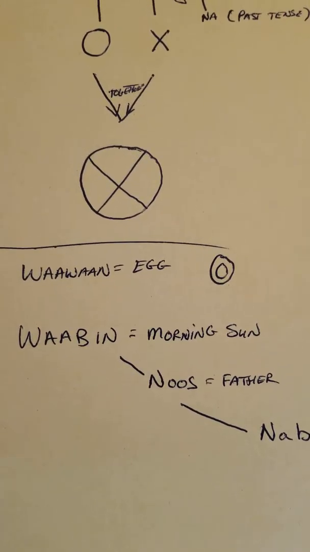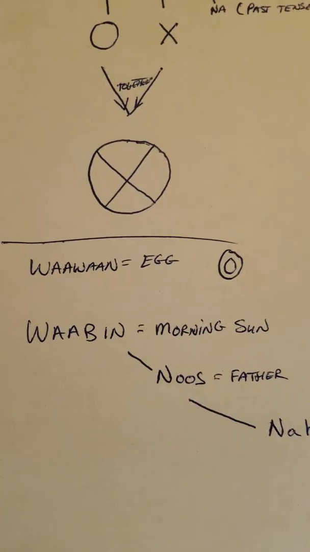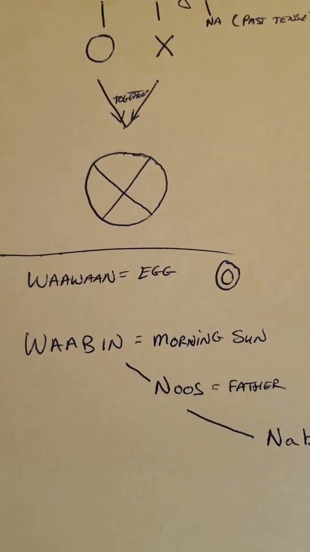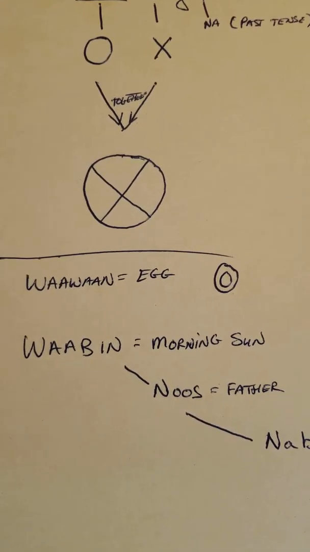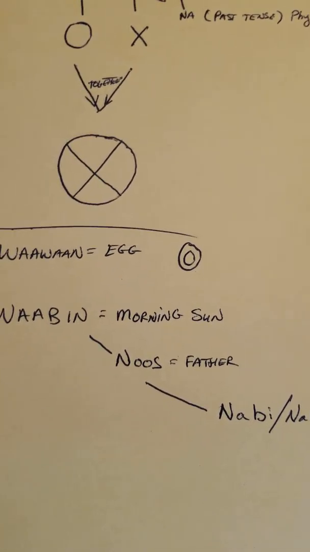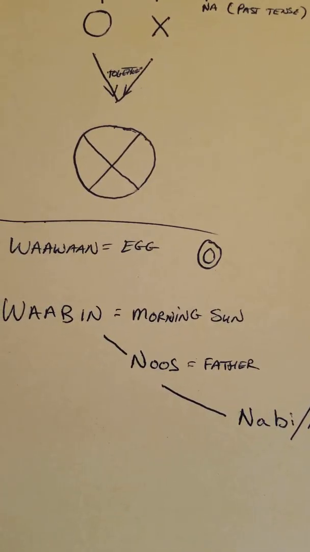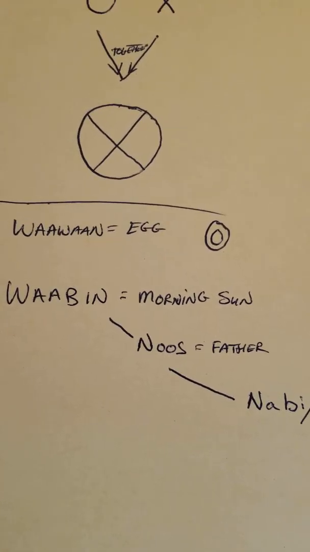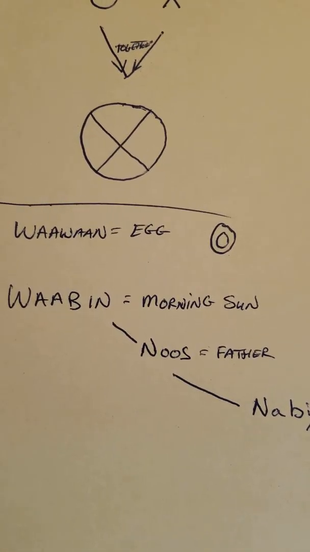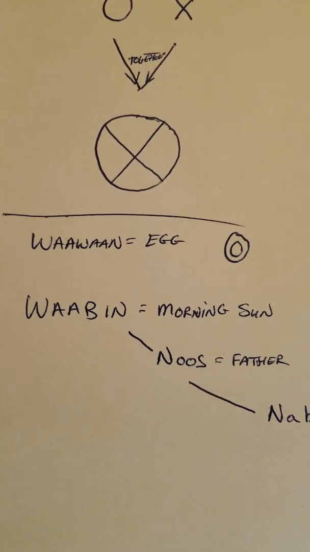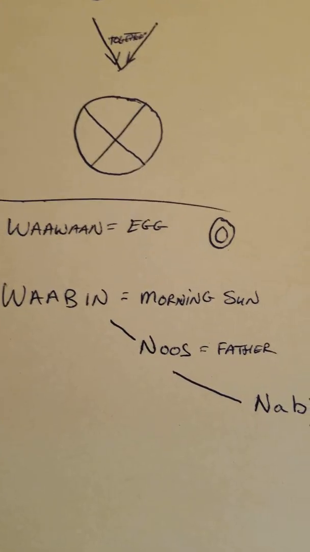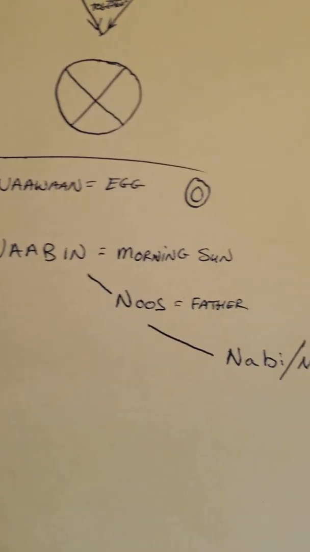So there's a legend in the story, as one of our viewers had mentioned. Waabin, morning sun. Nos, morning father. And these expressions are like when the son is born, like the child that is born. It's the sun that is male. It's the only thing we talk about as male, like Mother Earth, Father Sky. It's father as in the sun. Nos. So you say Wabinos.